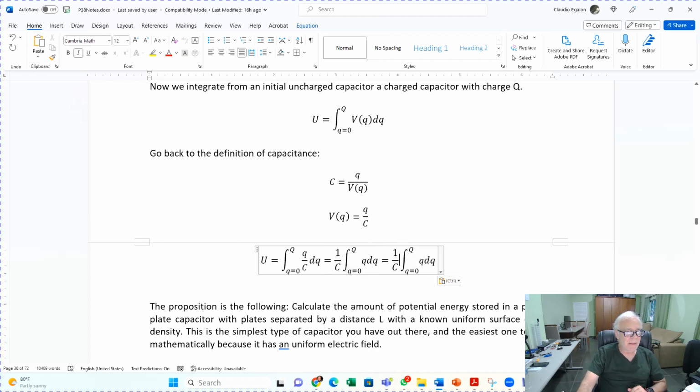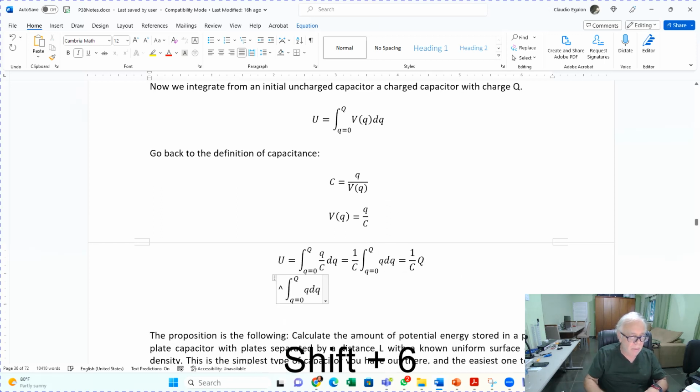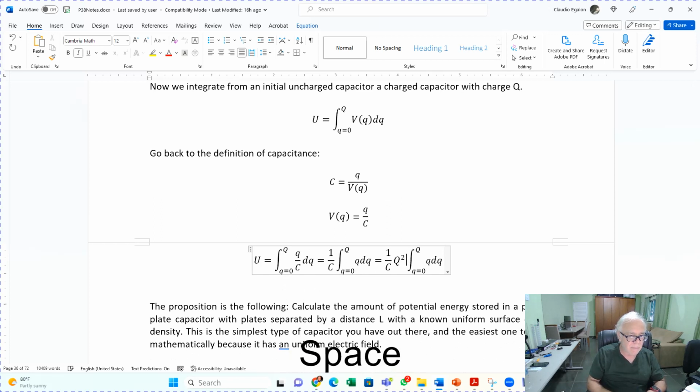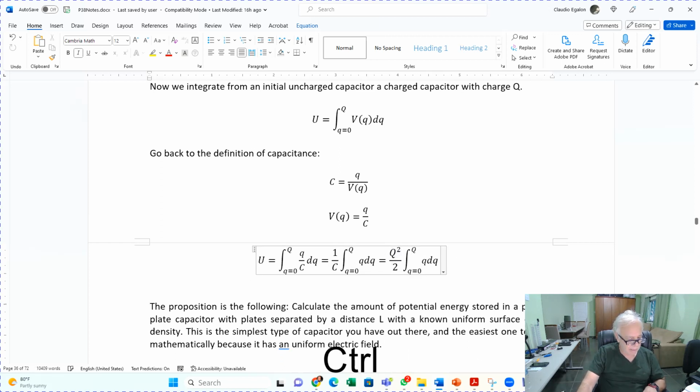Okay? It's going to become Q squared over 2. Make it look nicer, I'll put the capacitance here.